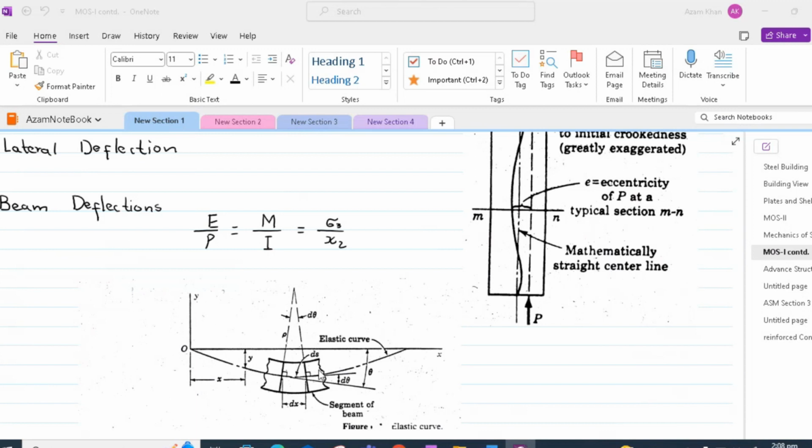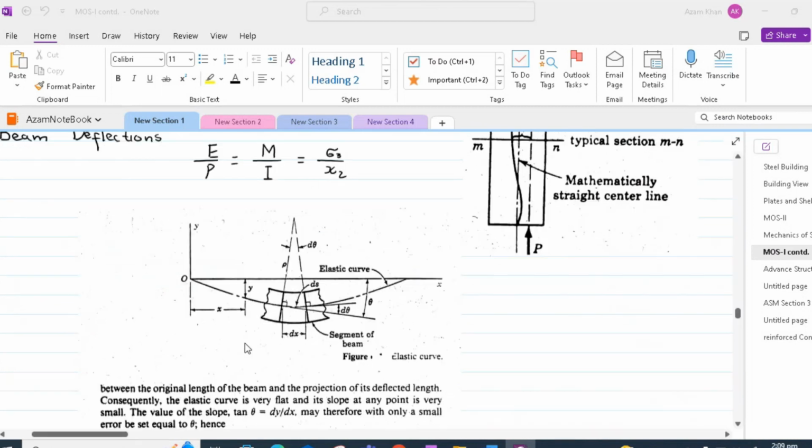We normally consider the left end of the beam as the origin of an x-axis directed along the original undeflected position of the beam, and a y-axis directed positive upward.